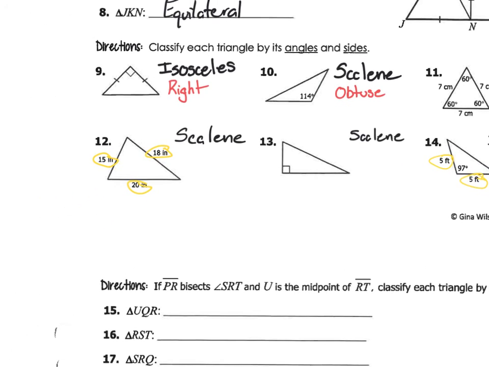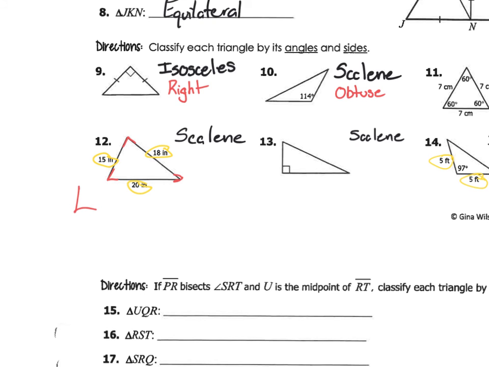12, do they have anything that's the same? No. Now, do any of those angles look to be bigger than 90? Which would be like this. Or any of them bigger than that? So if we look here, that's not that. That's not that. That's not that.